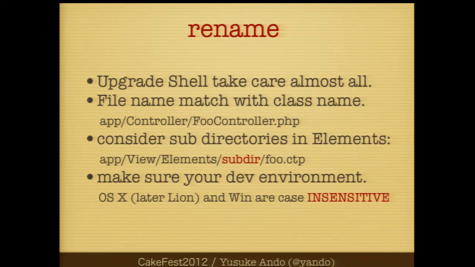I think it's a pitfall. It happened for me. It was working on my environment, but once deployed to Linux box, it wasn't working. So if you need to migrate to Cake 2, you have to do some of this renaming stuff. It means you have to make sure what's your developing environment.